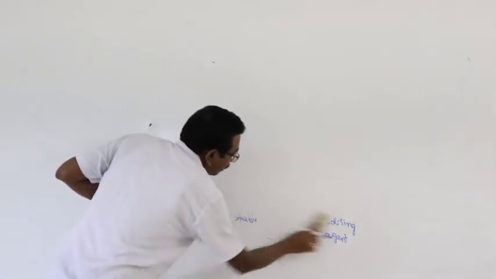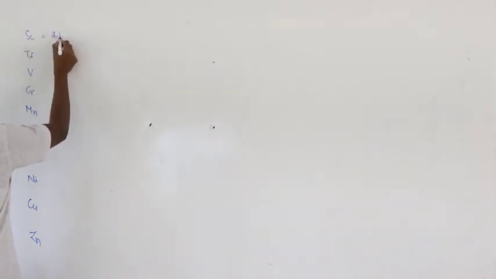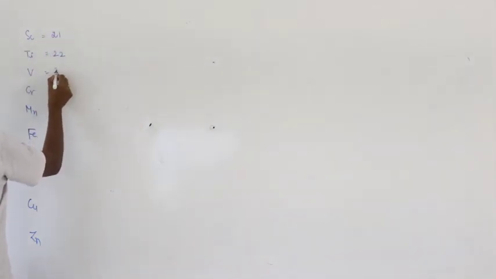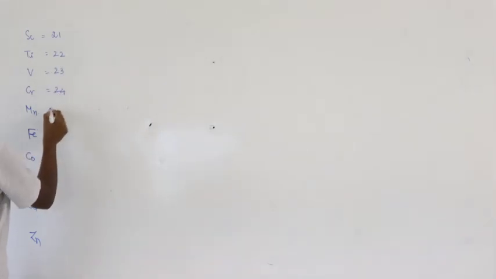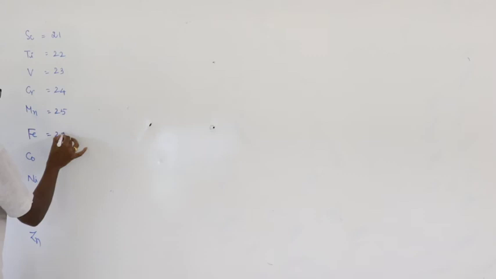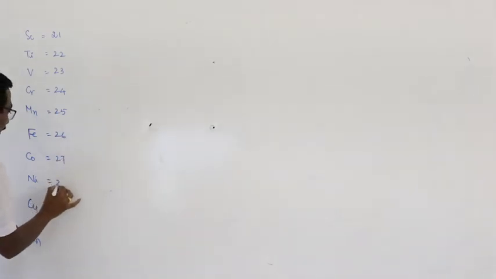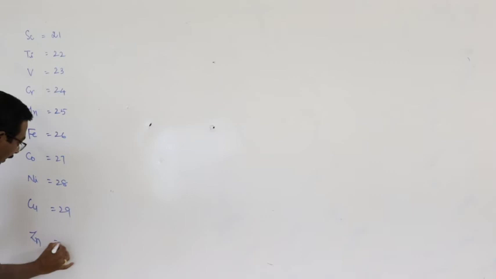Now once again you can observe how electronic configuration influences the oxidation states. Scandium, titanium, vanadium, chromium, manganese, iron, cobalt, nickel, copper and zinc. Scandium 21, titanium 22, 23, 24, 25, 26, 27, 28, 29, 30.